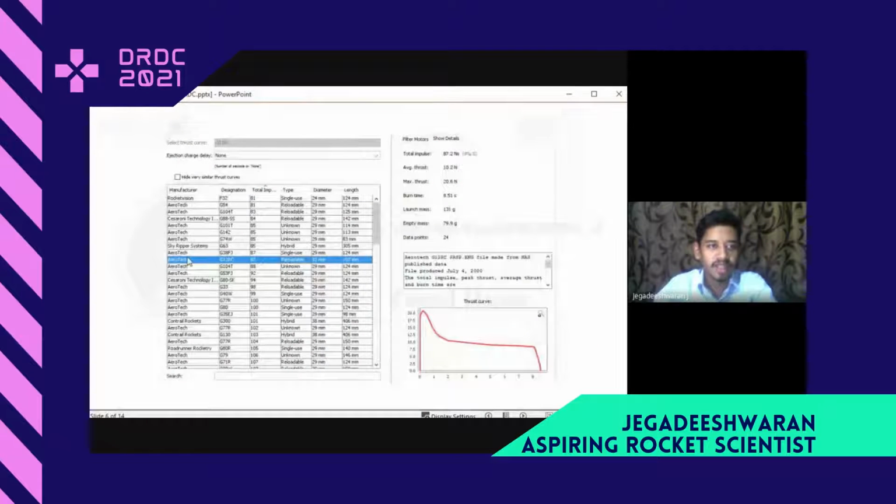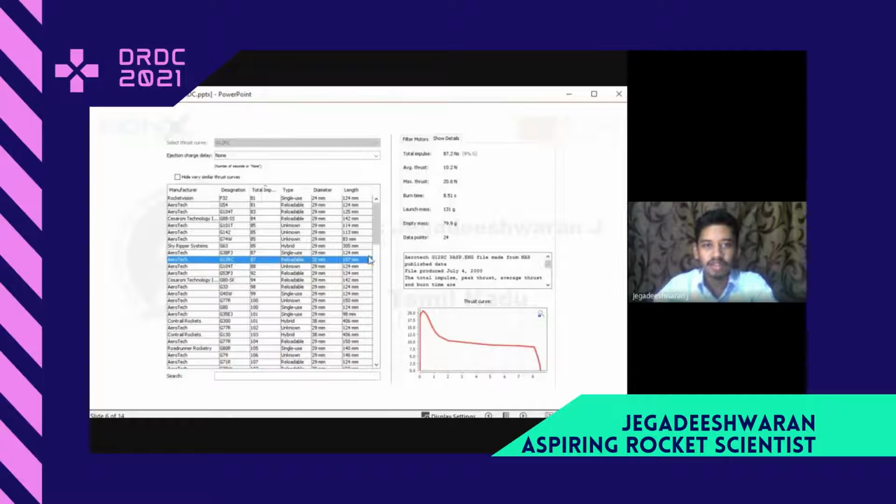This motor is the Aerotech G12RC. It has a total of 87.2 Newton seconds. Average thrust is around 10.2 Newton. And if you see the thrust time curve, it is also very good, very predictable. Most of the time, the thrust lies around the 10 Newton value.